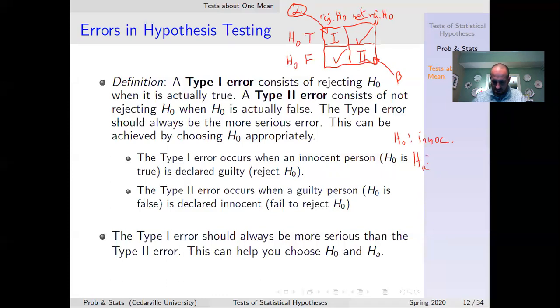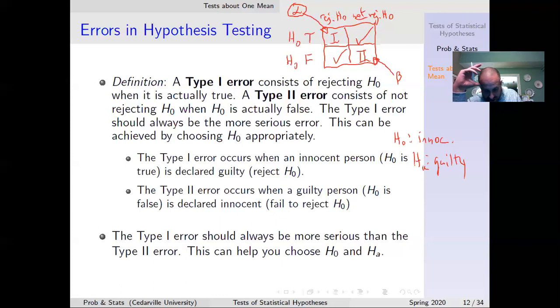Of course, that means that if you reject the null, then you're convicting them, okay? So type 1 error occurs when an innocent person, so that means that H0 is true, is declared guilty. So that means you convict an innocent person. You reject the null and they're declared guilty when in fact they are innocent.